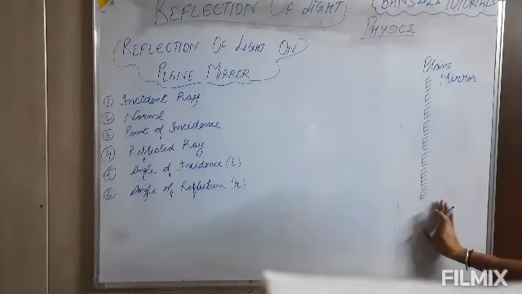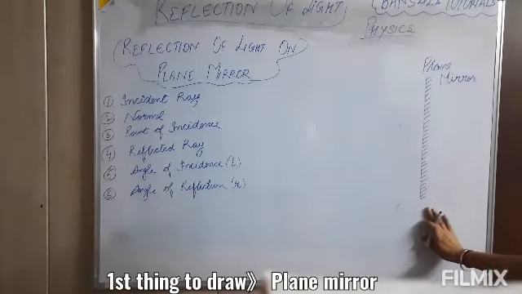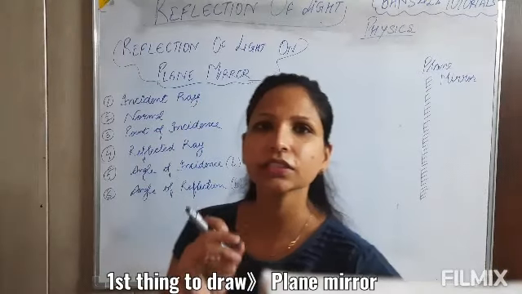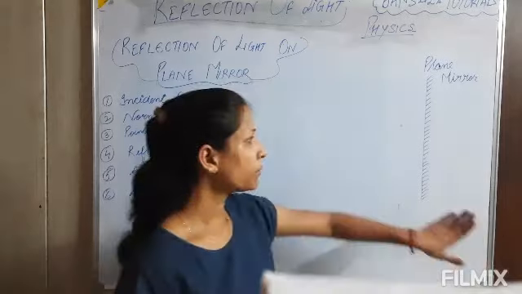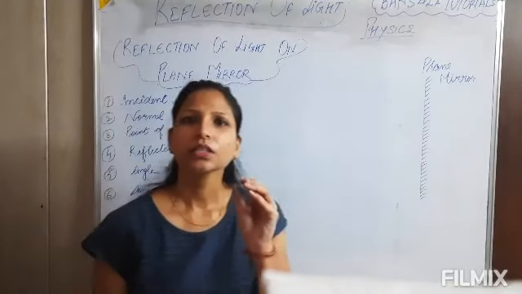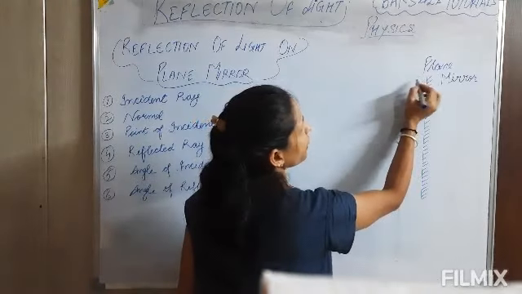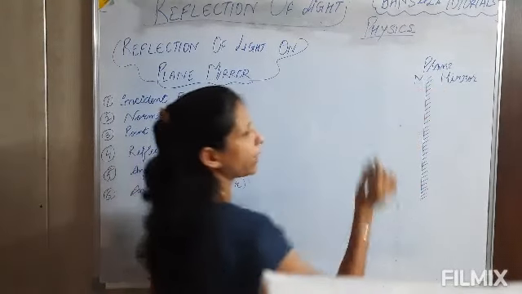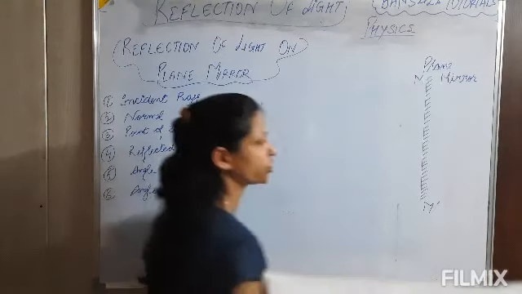So the first thing that I have drawn is the plane mirror. We will always denote everything with some alphabet. Now a plane mirror is always denoted with the same alphabets but with a dash on the other end. So suppose we have this end as M, the other end will be denoted as M dash.